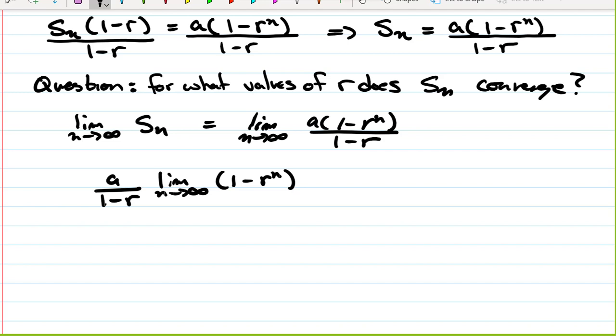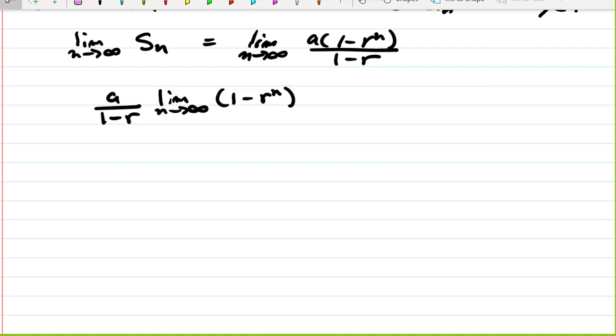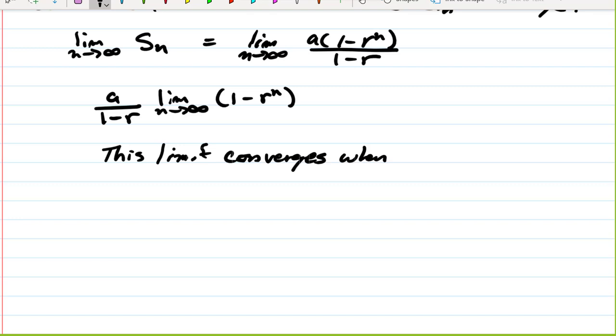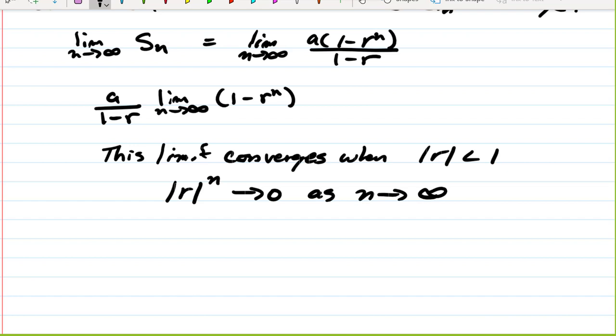So this limit is only going to converge, well, the 1's always going to converge, it really only depends on r. So this limit converges when the absolute value of r is less than 1, because the absolute value of r raised to the n goes to 0 as n goes to infinity.